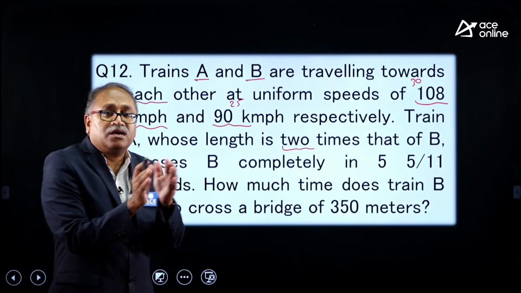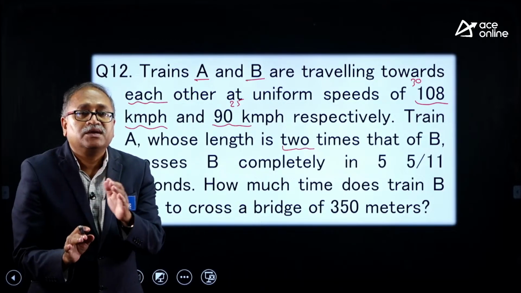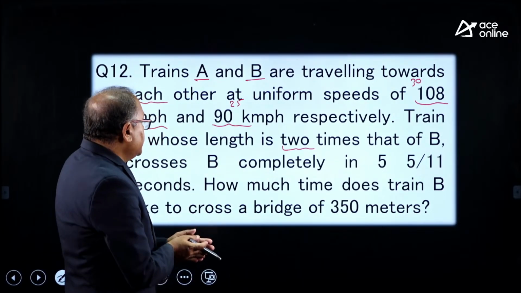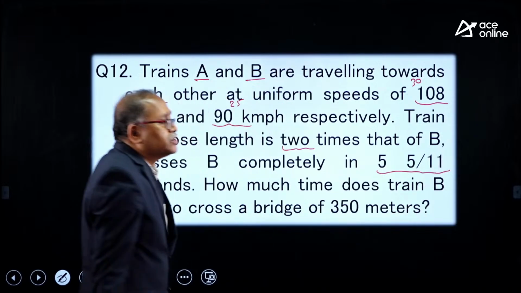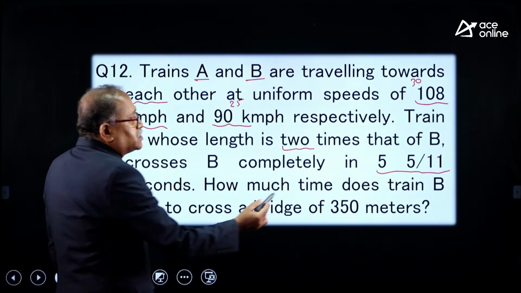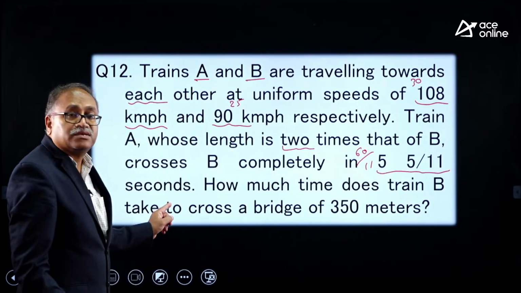The train A whose length is 2 times the length of train B. So, A is 2 times B, that means the length ratio is given to us as 2:1. Next, it says they completely cross each other in 60 by 11 seconds.